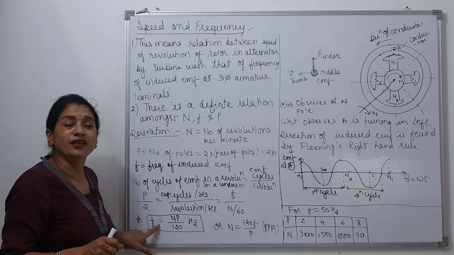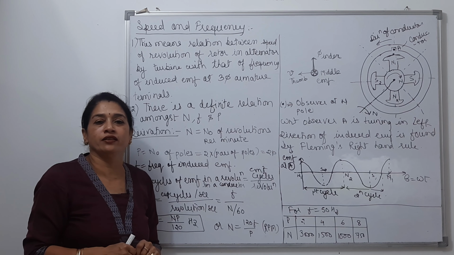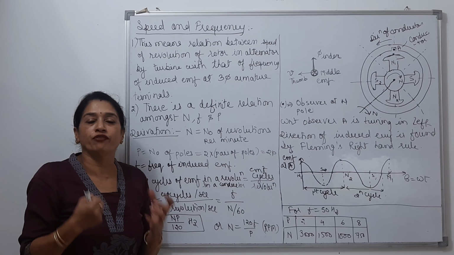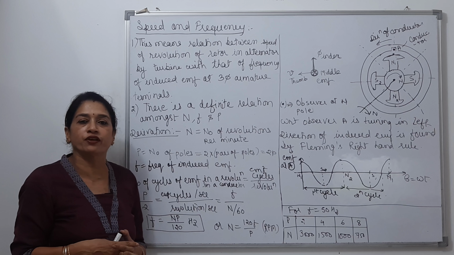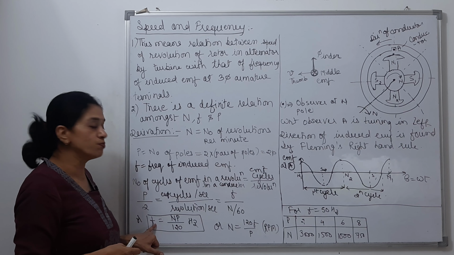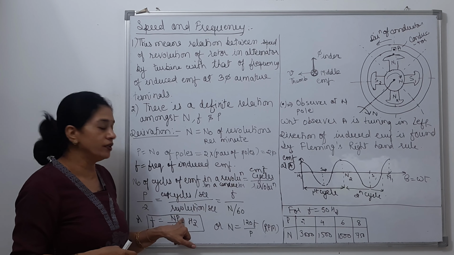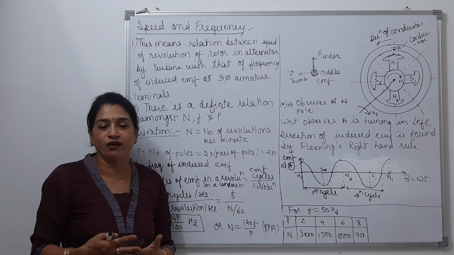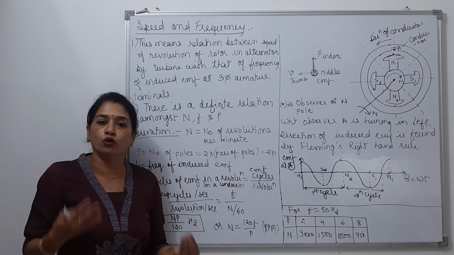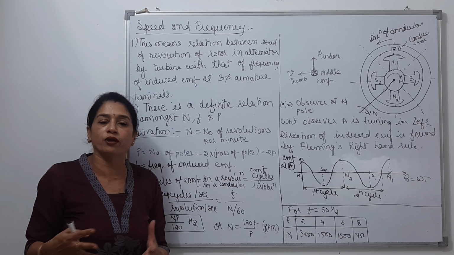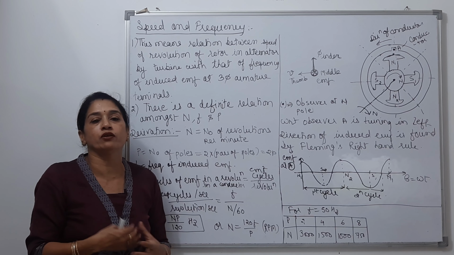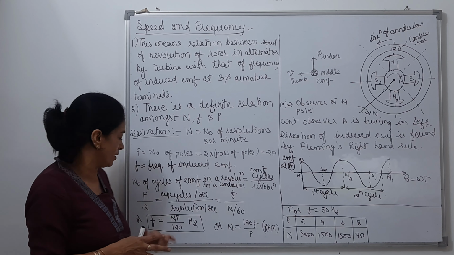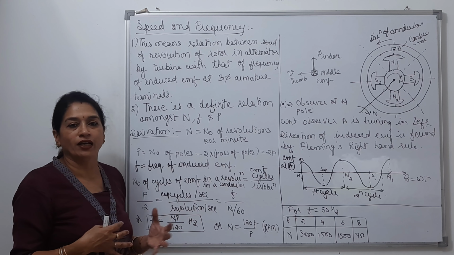So in India, we keep on generating EMF of 50 Hertz. Everywhere in India, the supply is of 50 Hertz frequency voltage. So this must be 50 Hertz. And the number of poles is as per the requirement, for what purpose we want to deploy the alternator. Accordingly, the number of poles is designed, and for that number of poles, the alternator is designed. And the speed also matters.